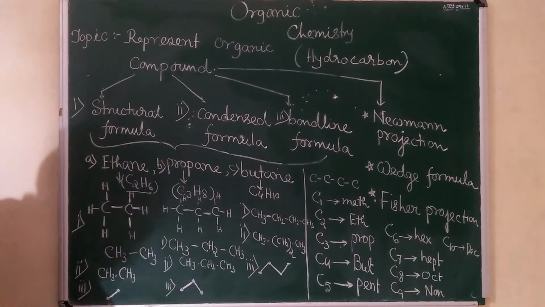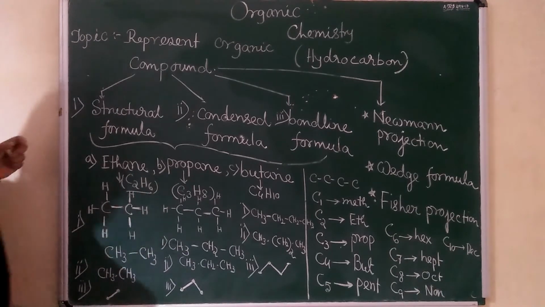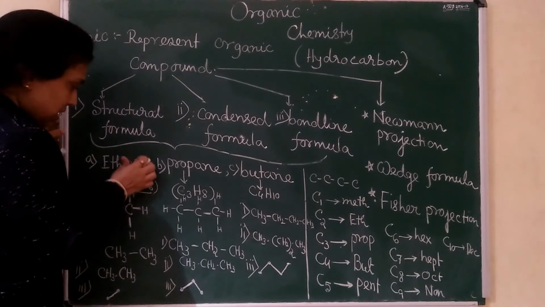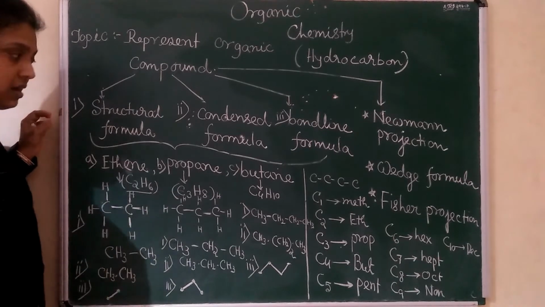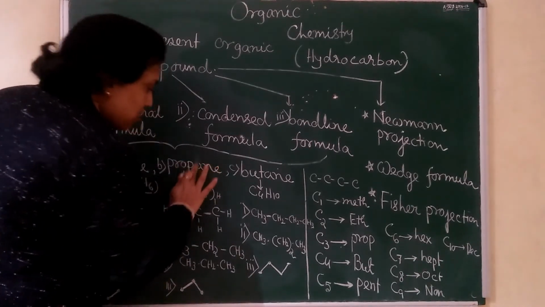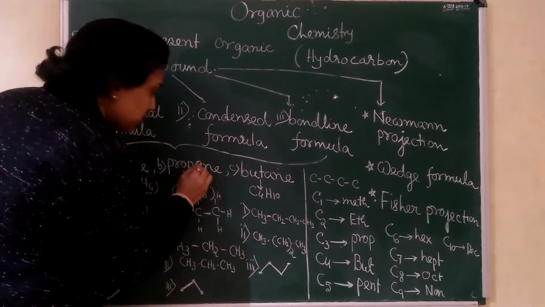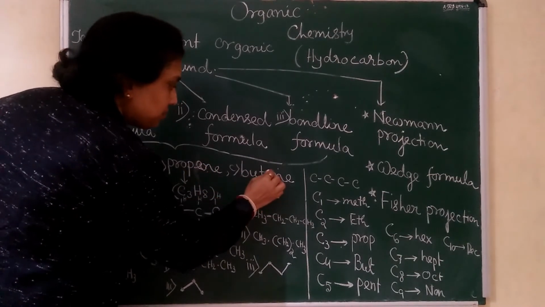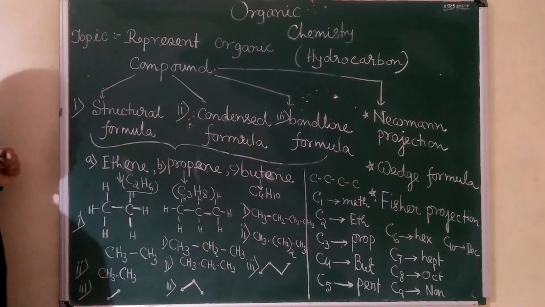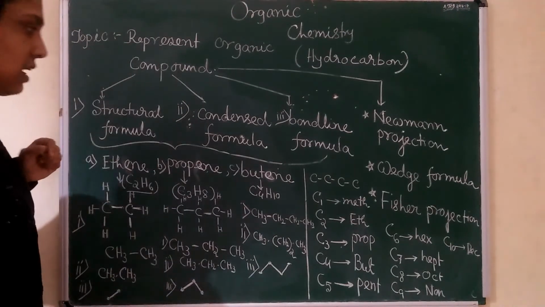Now we do it in a different way. If it is a double bond alkene, then I will change the name. Here it is ethene. Here it is propene, ene. Here it is butene. Now butene has 1-ene and 2-ene.